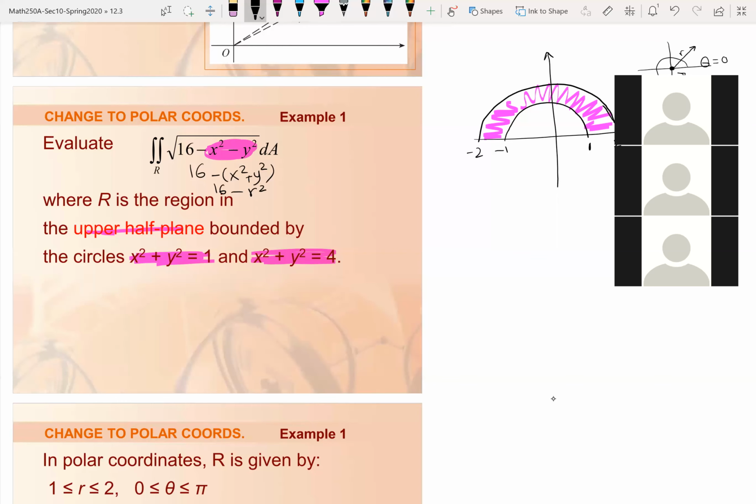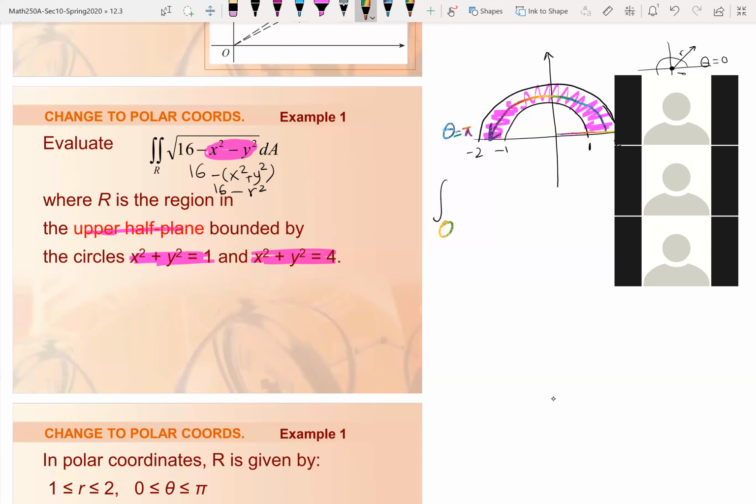Okay, so what are the limits for theta? Zero to pi, because I start from here and move all the way to here to cover the entire shaded region.